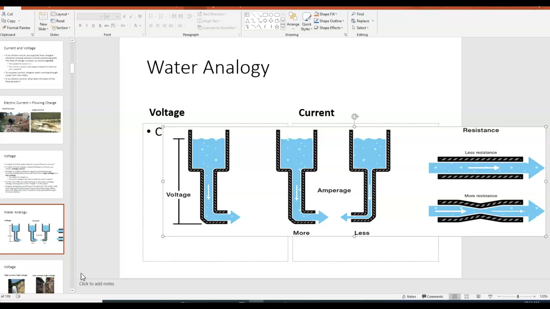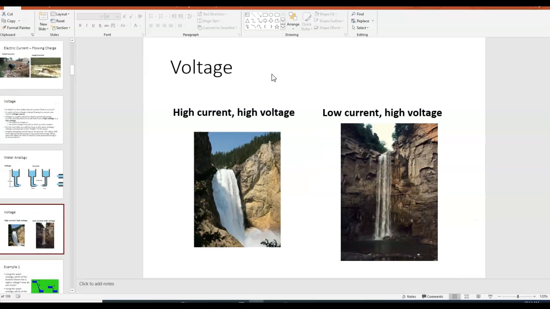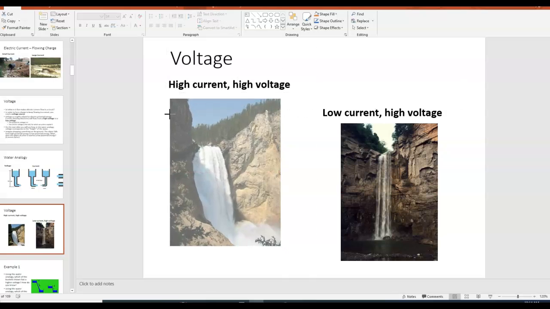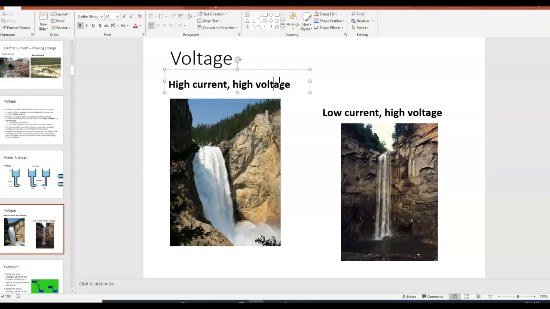So this picture on the left corresponds to high current, high voltage. High current because there's a lot of water coming out, and in our analogy, we're replacing the water with electrons. And high voltage because this height is really high.